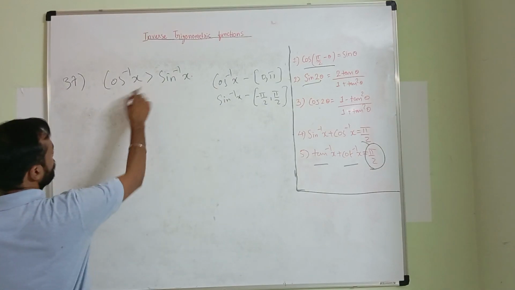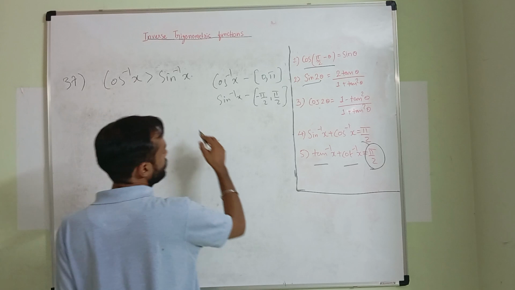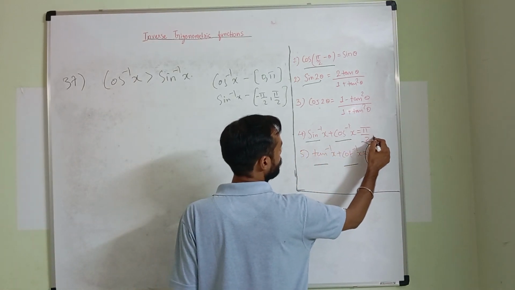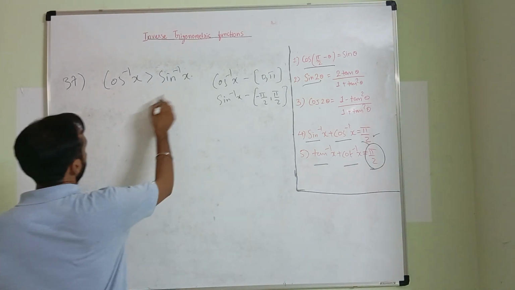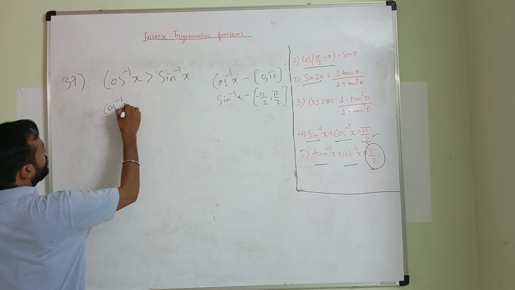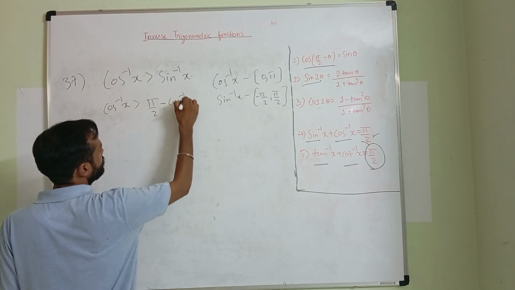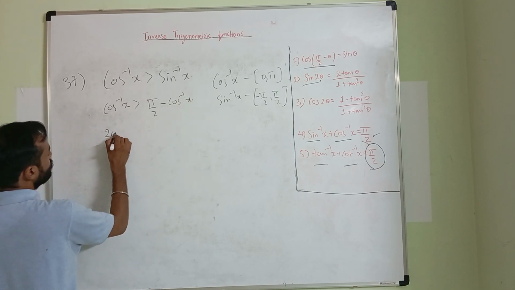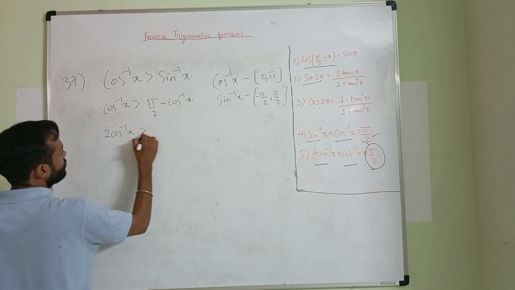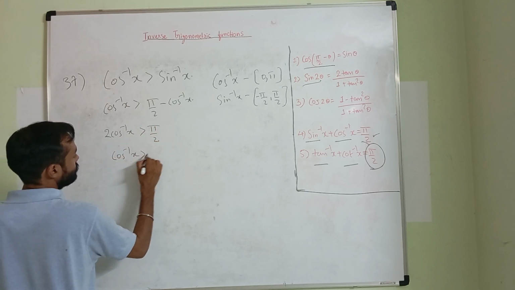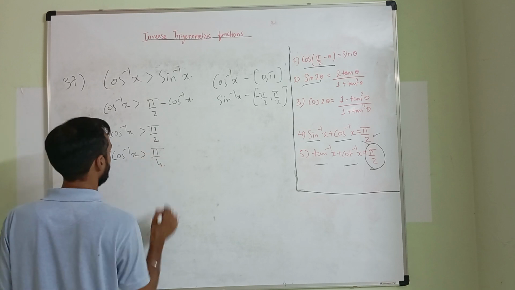Now in this problem we will use the equation sin inverse x plus cos inverse x equals pi by 2. So here, in place of sin inverse x, we will write pi by 2 minus cos inverse x. So it will be 2 cos inverse x greater than pi by 2, hence cos inverse x will be greater than pi by 4.